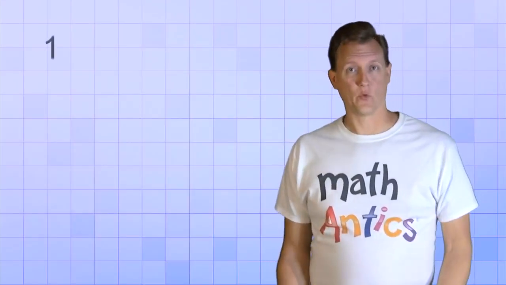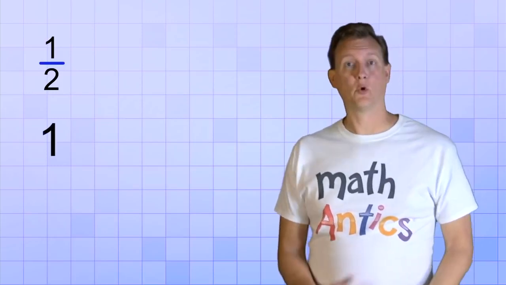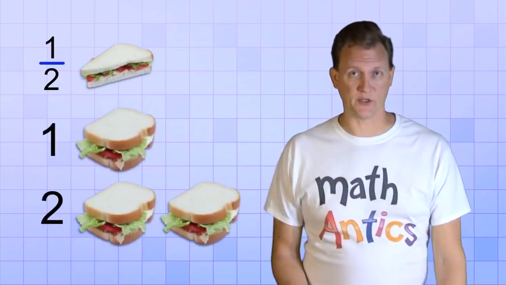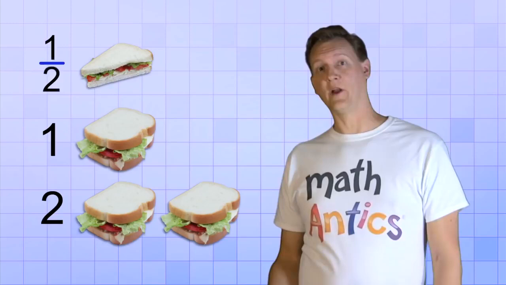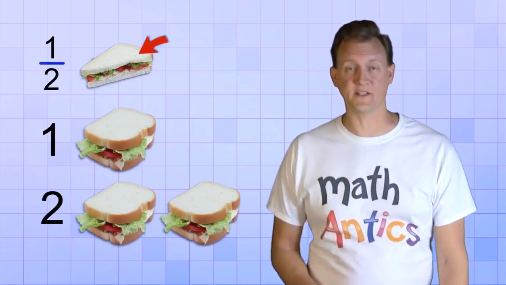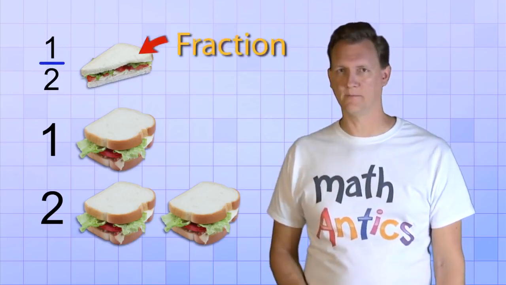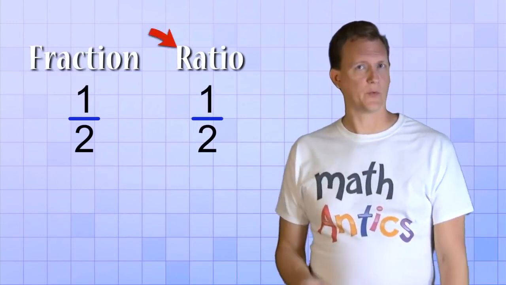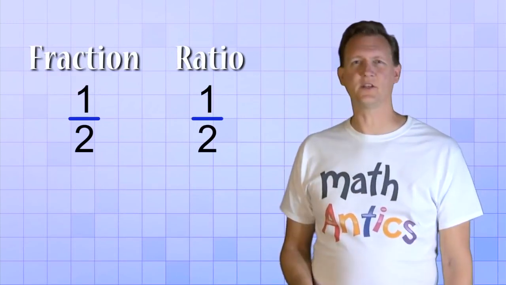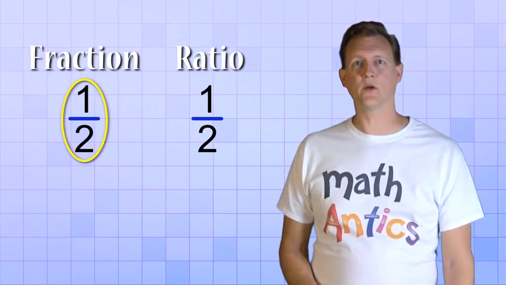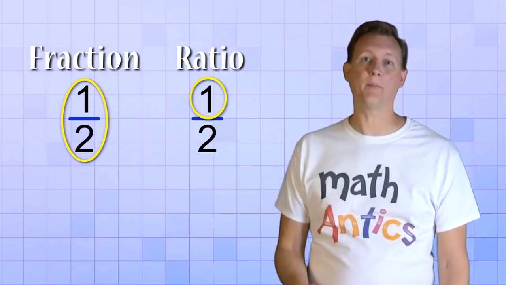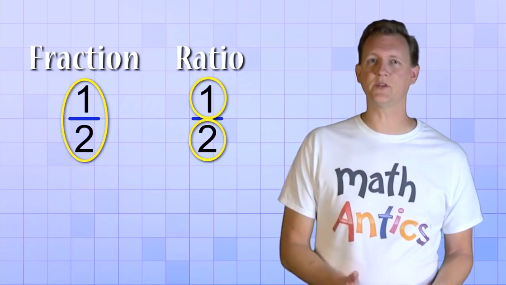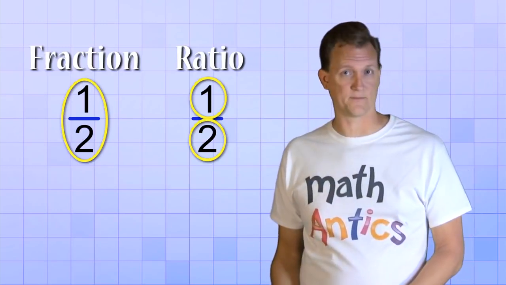We can use the fraction 1/2, just like we use 1 or 2 to show how many sandwiches you eat. It's just that in the case of 1/2, we know that it's only part of a sandwich, just a fraction of one. Now let's see how we can use the ratio 1 over 2. With a ratio, we don't treat it as if it's just a single number. Instead, we pay close attention to the top and bottom numbers because we use them to refer to different things.